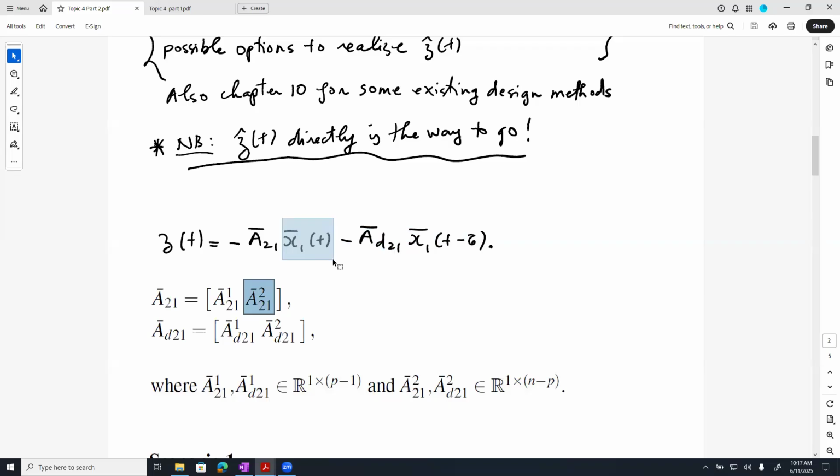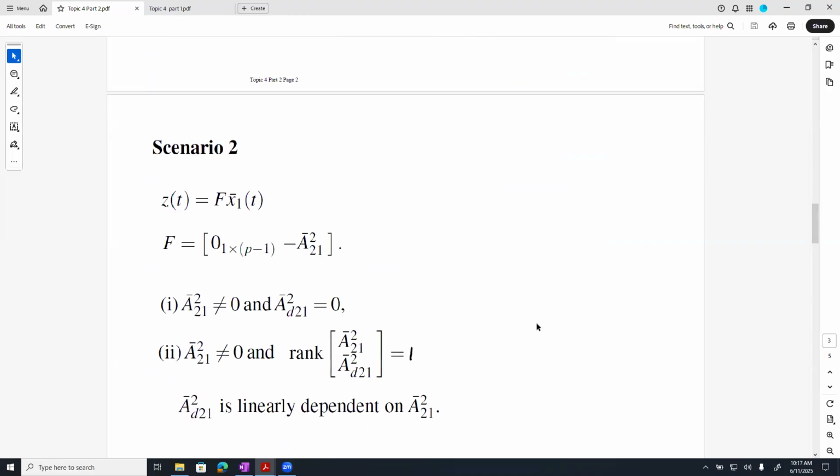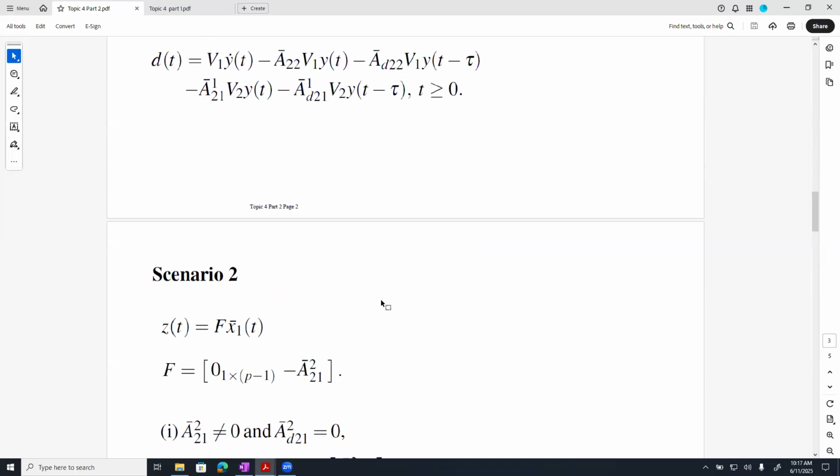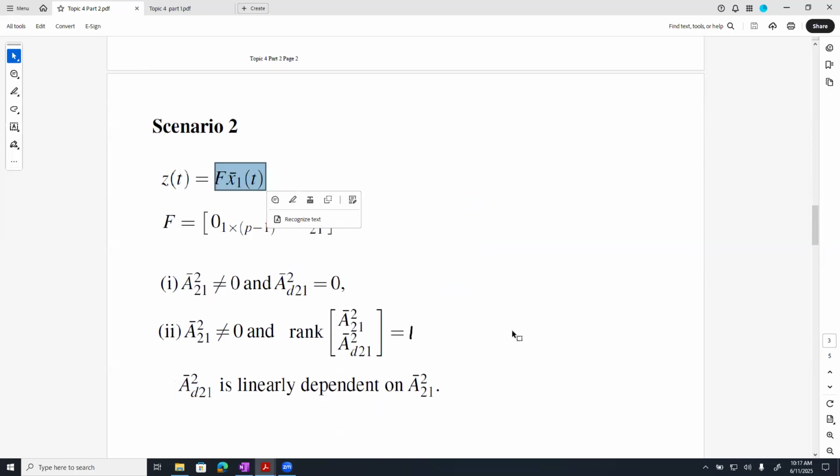There are things there not available, and that's where in scenario 2 we say, look, in that situation, when that term is 0 and this sub-row matrix is a linear combination of that, we just simply need to estimate this linear function, and then we can realize the other one.